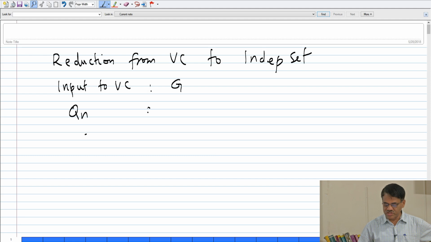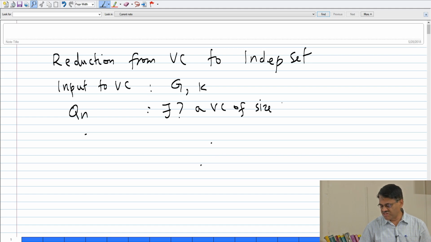So, the input is not just G, the input also contains a k. The question is, does there exist a vertex cover of size, let us say k? So, this is the problem.